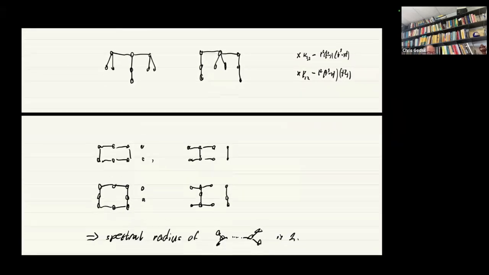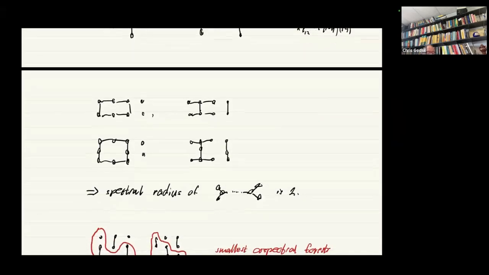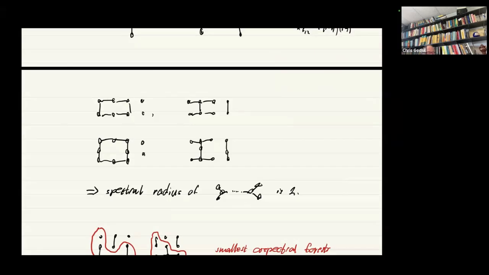You can do other things. Here, these two graphs are cospectral, and these two graphs are cospectral. Now, this is just a cycle of even length. And so one conclusion is that the spectral radius of this graph is 2. This is regular, and the rest are just zeros.